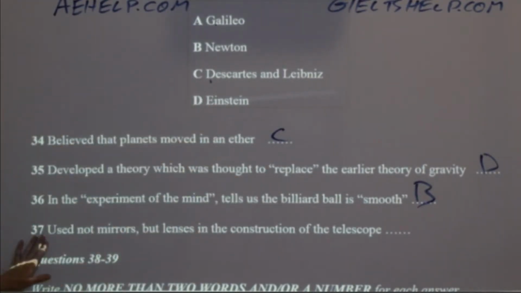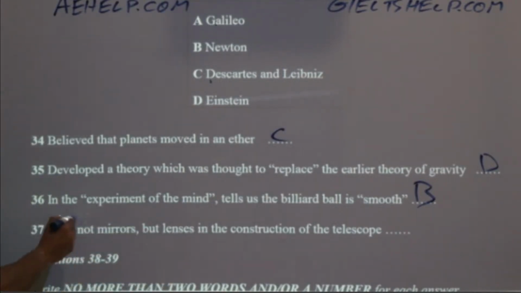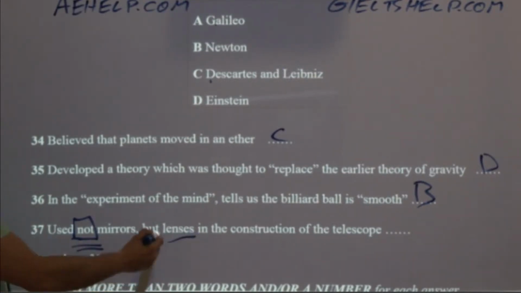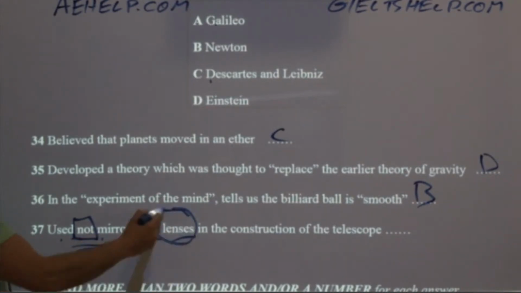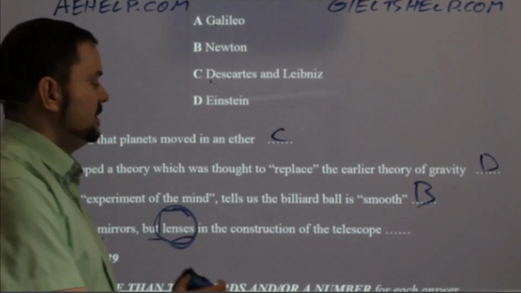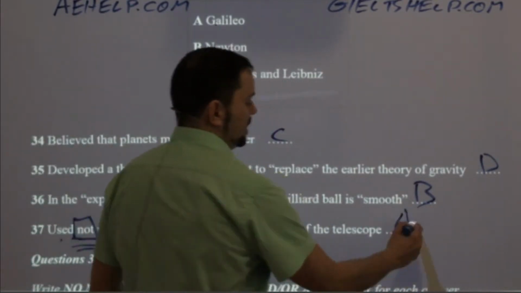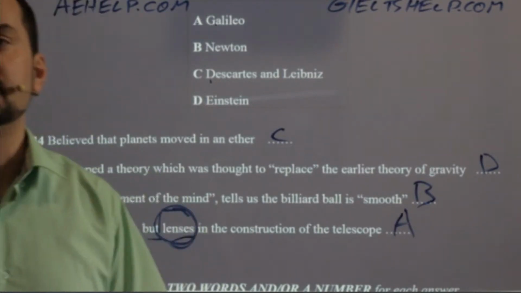Okay, number 37, used not mirrors but lenses. Be really careful with these kinds of negatives. So not mirrors but lenses. So who used not mirrors but lenses? Okay, like lenses like in glasses. Yeah, very good, everyone. I see lots of A's coming up. So good job, Jatin. Good job, Andri.